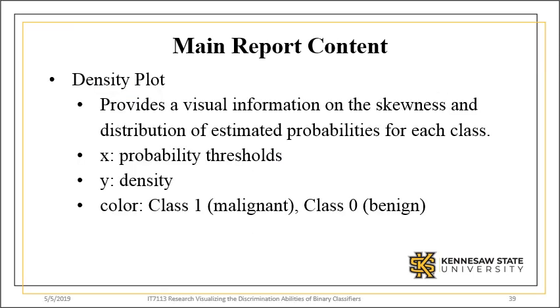Next, I will talk about the density plot. It provides visual information on the scale and distribution of estimated probabilities for each class. X values are probability thresholds and Y values are the density. It is colored by class 1 and class 0 separately.